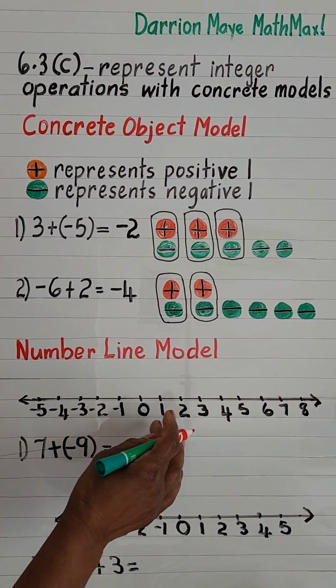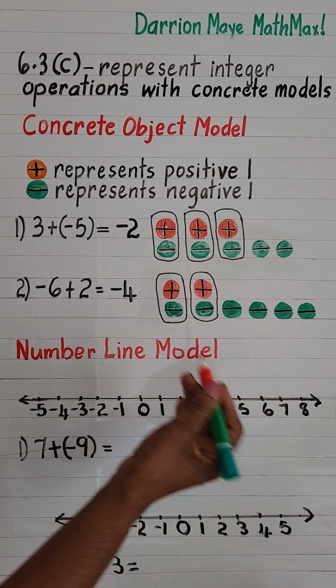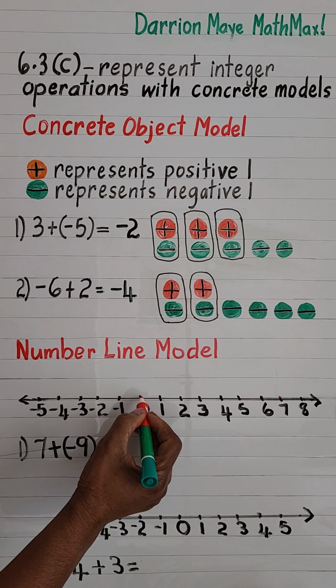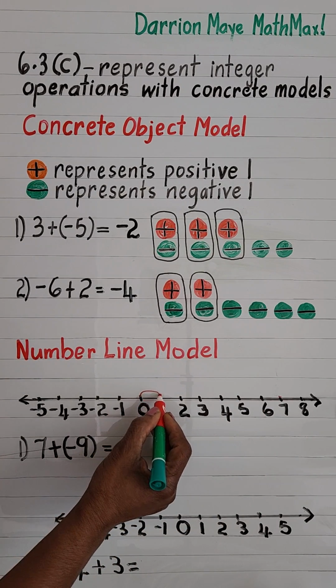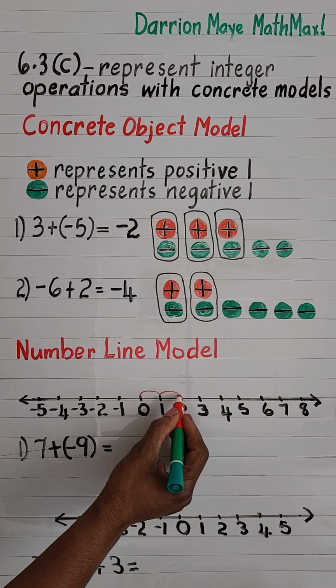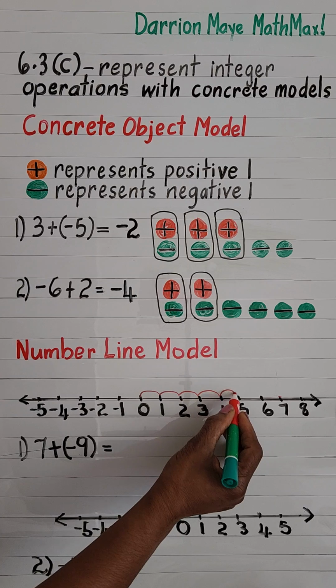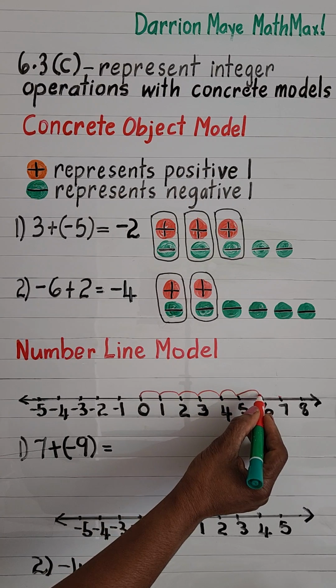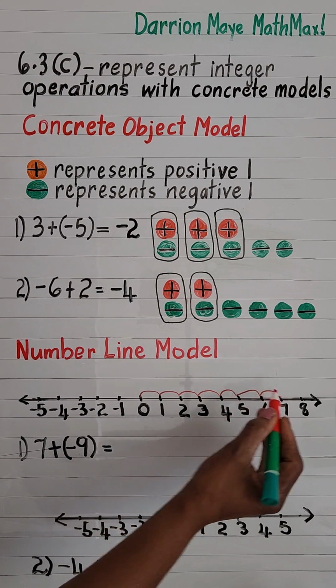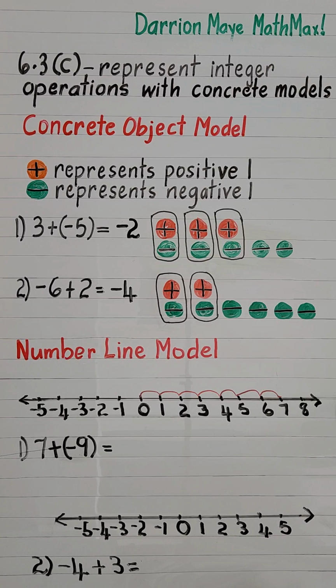Okay, so we'll start from 0 and do the jumps. 1, 2, 3, 4, 5, 6, 7. So that is 7. So positive, we jump to the right. We do the jumps to the right or forward.